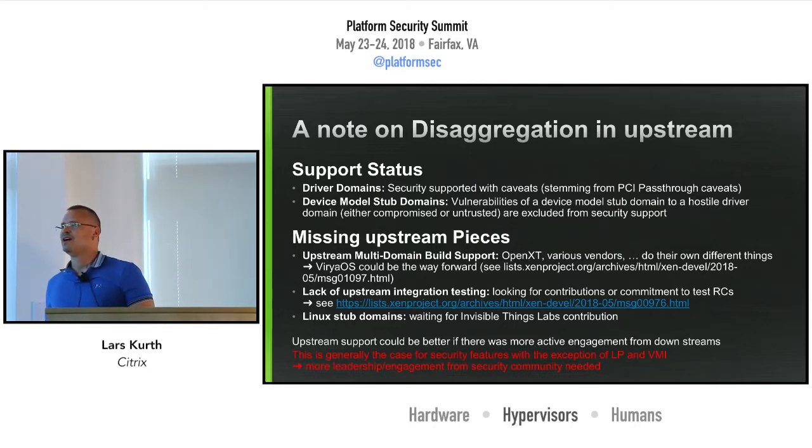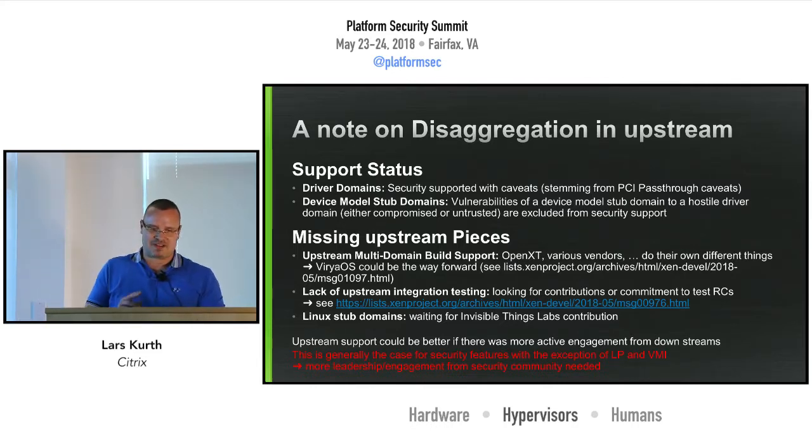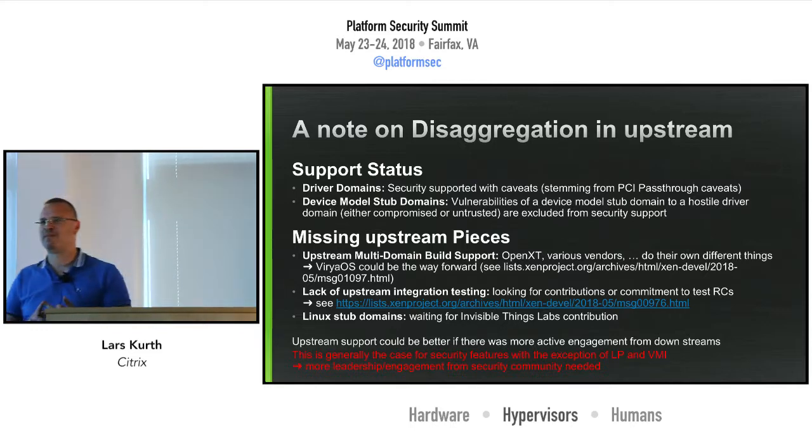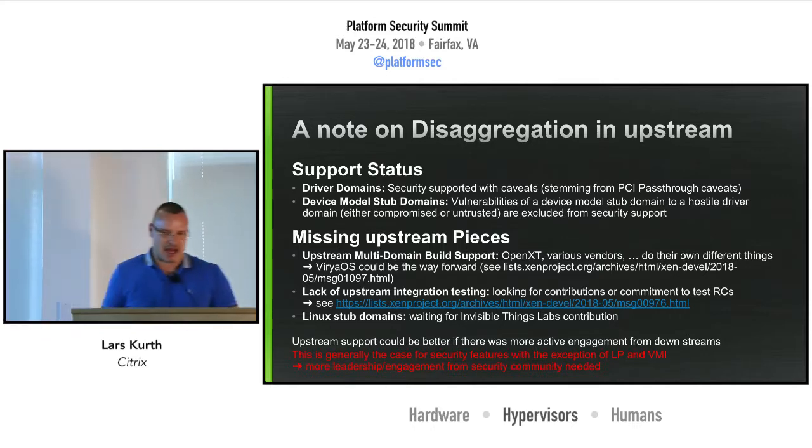That's a relatively new thread, and I'm looking for more of these kinds of things from you guys as well. Same thing for Linux subdomains: we don't support that in the project today, because fundamentally we were originally betting on rump run, where we put a lot of effort in, and then the rump run project just died, so we built on something which went away.